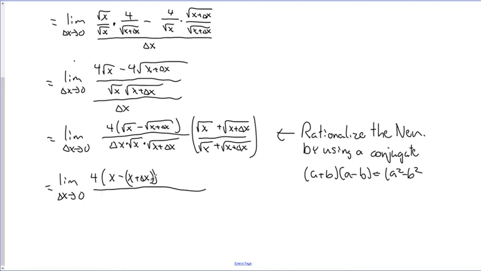And then on the bottom I will still have my delta x. I still have my square root of x, and then I have my times square root of x plus delta x. But now I have multiplied by this whole expression, which is square root of x plus square root of x plus delta x. I told you this one was a tough one, and it is certainly that.